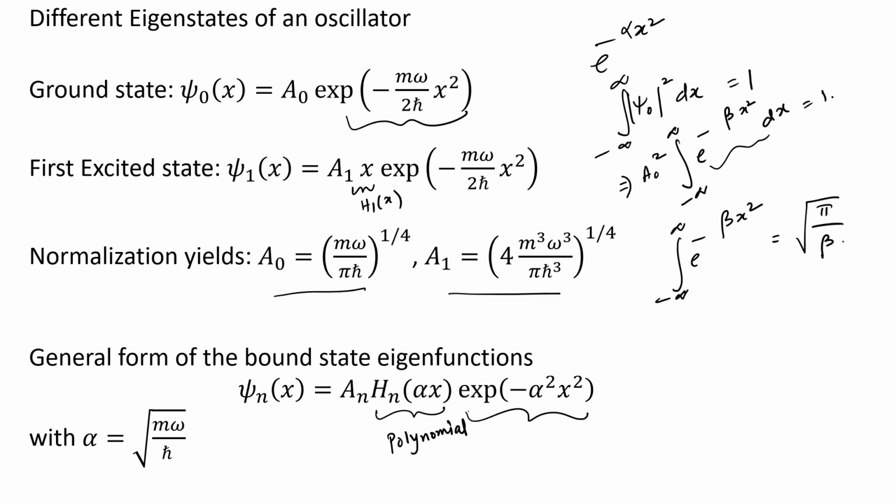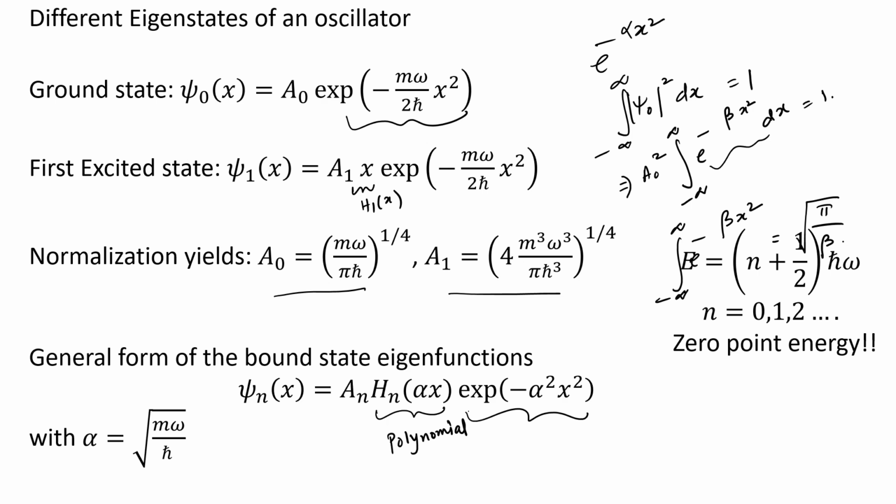So, I will show you a depiction of these different eigenstates. What we said earlier, let me remove this so that you can see it clearly. Now, since you know how to do that integral, let me write it here: the integral of exponential minus beta x squared dx from minus infinity to plus infinity is equal to root over pi by beta.